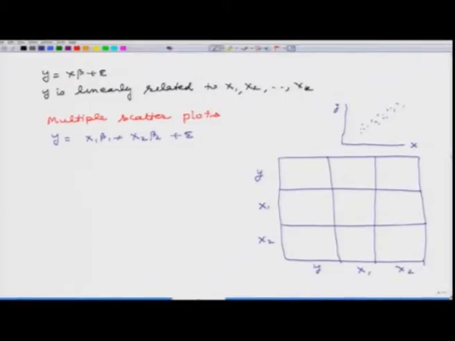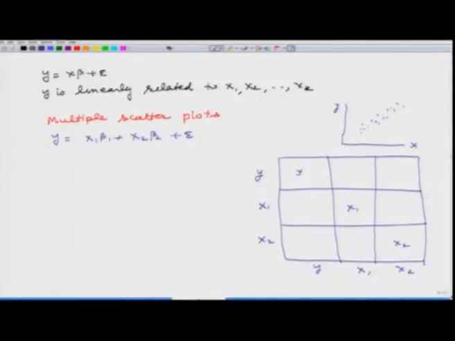So, what really happens is that in this section, this will be a picture between y and y, so there is no question of considering this graphic. Similarly, here in this section, the graphic is going to be between x1 and x1, which has no meaning, and similarly here the graphic is going to be between x2 and x2, which has no meaning.